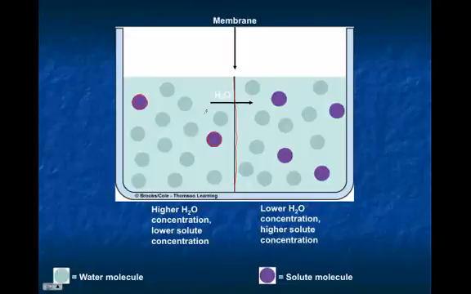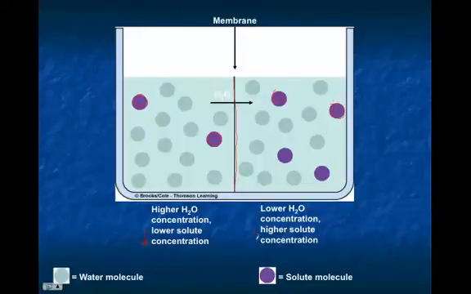So for this case here, if you look on this side of the membrane, we have a lower solute concentration, or a lower salt concentration. And on this side of the membrane, we have a higher solute concentration.